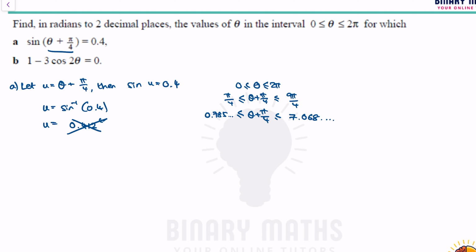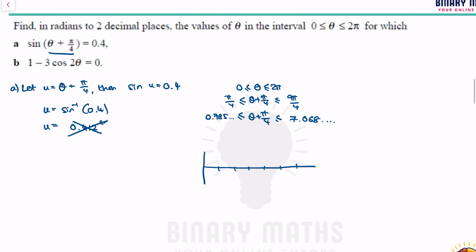I need to draw the sine graph to find all my other solutions. So sine graph starts off at 0, goes up to 1, back to 0, minus 1, and back to 0.